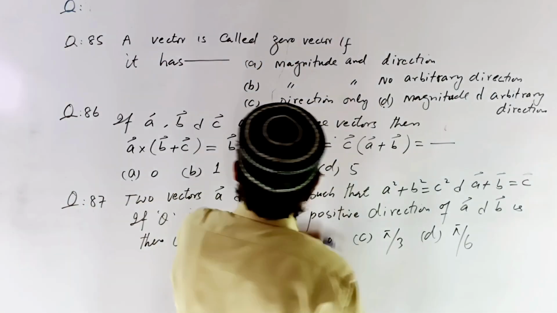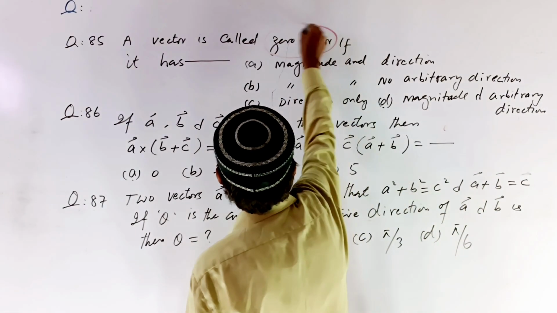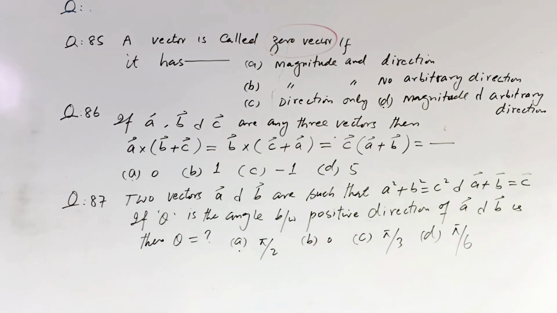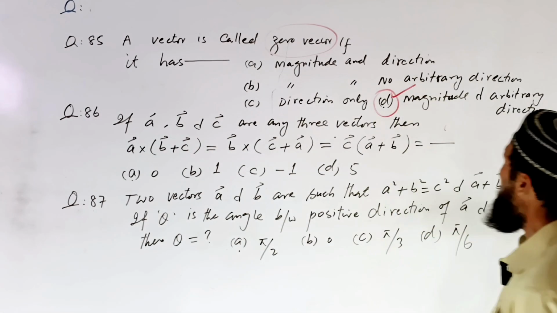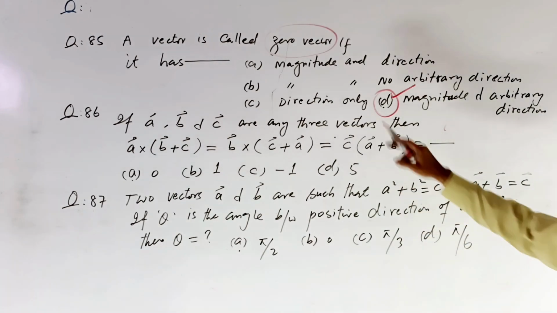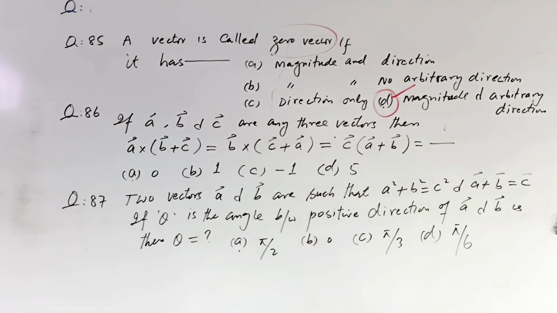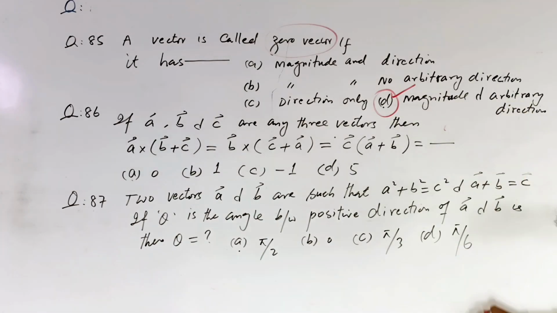According to the definition, a zero vector is a vector whose magnitude is 0 and which has an arbitrary direction.